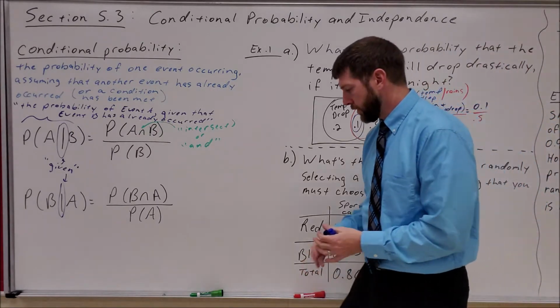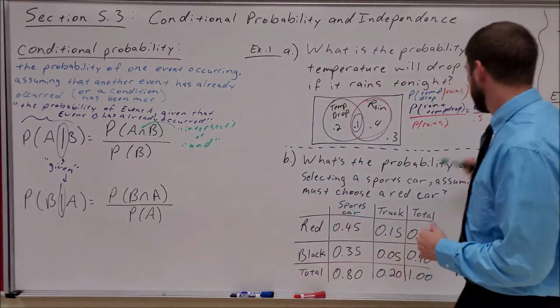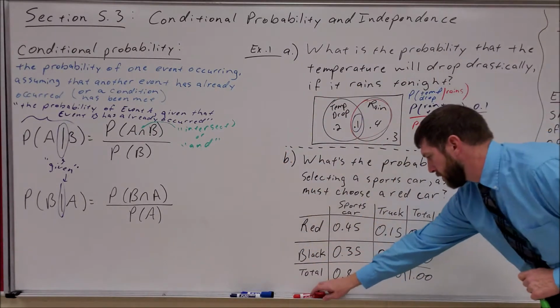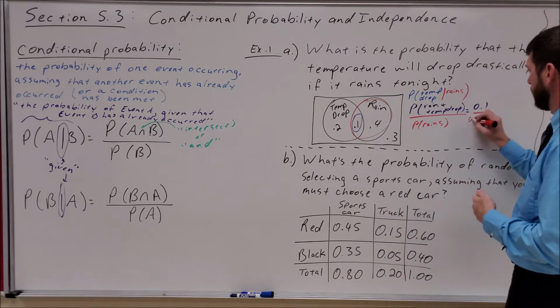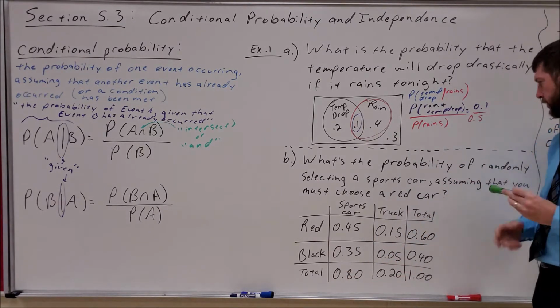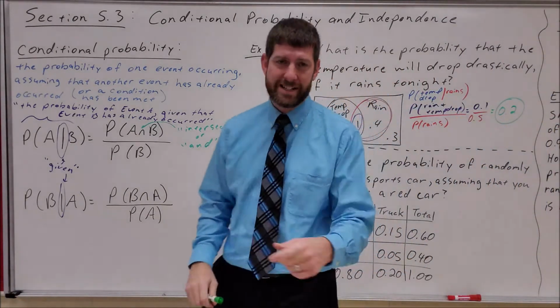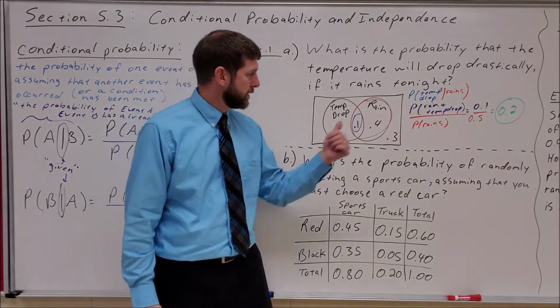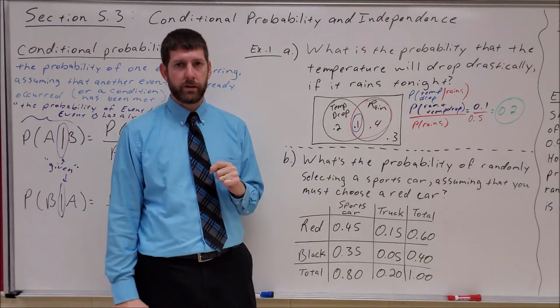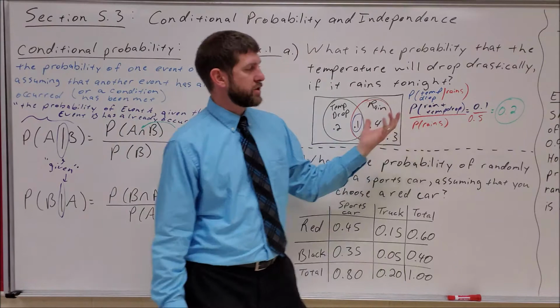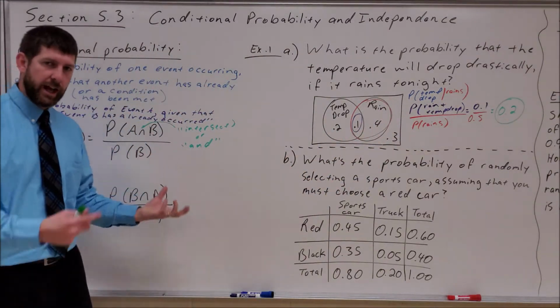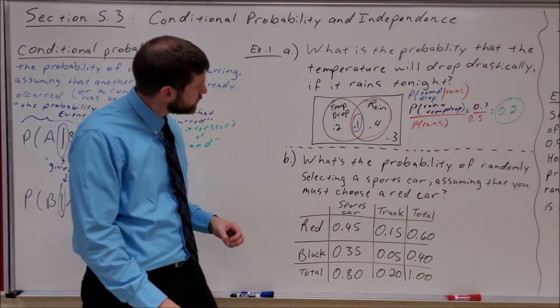As you work through that, you do your 0.1 divided by your 0.5, and we know that's about 20%. So that's the way we would interpret that. There's a 20% chance that if it rains, then the temperature is going to end up dropping. So that's just using the formula, treating A and B as separate events.